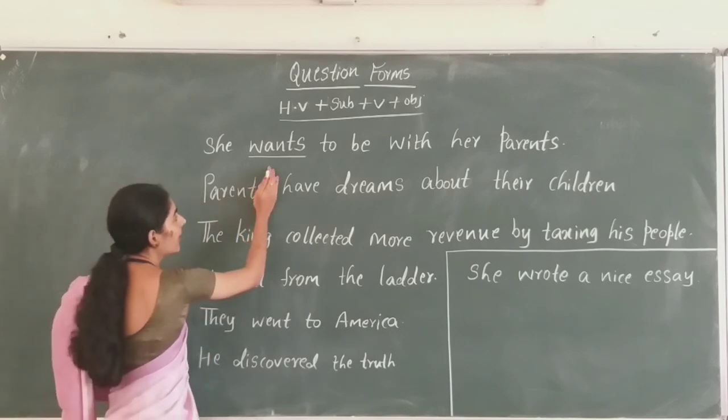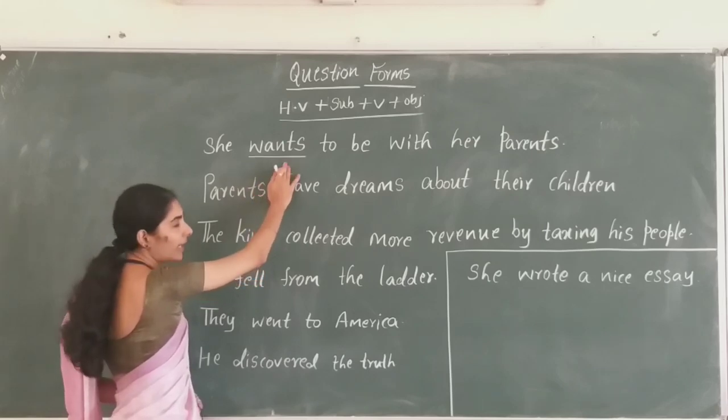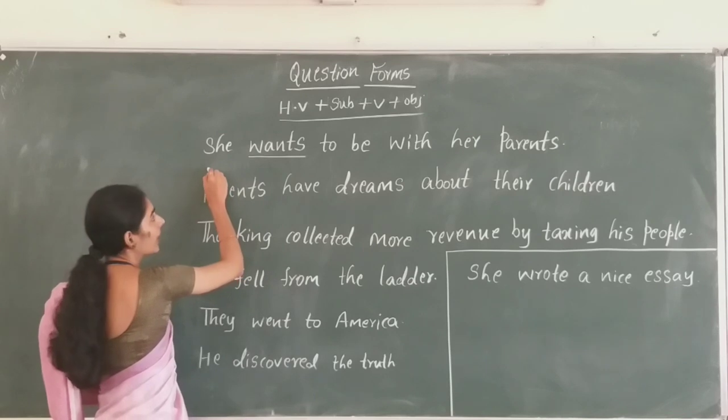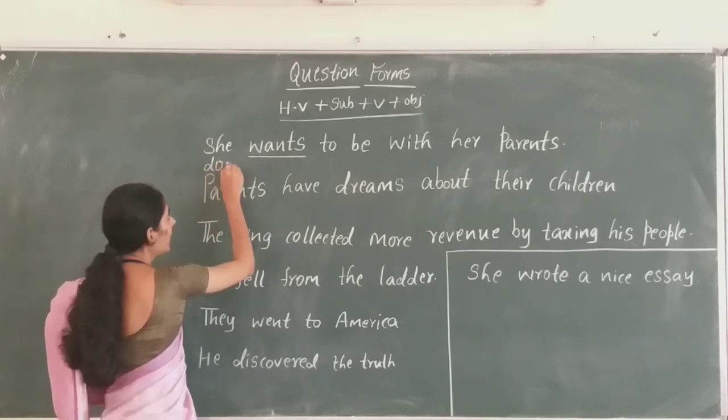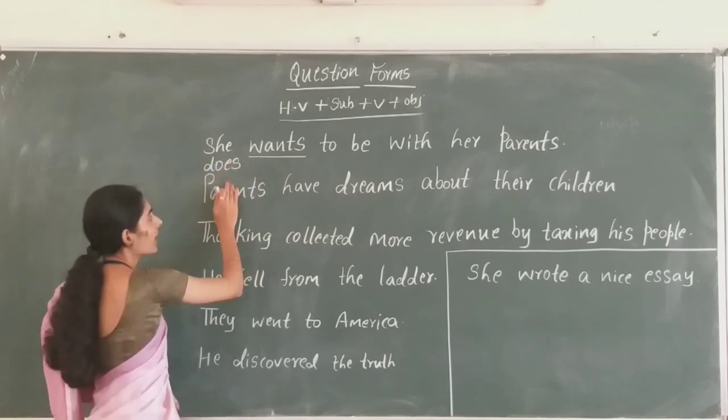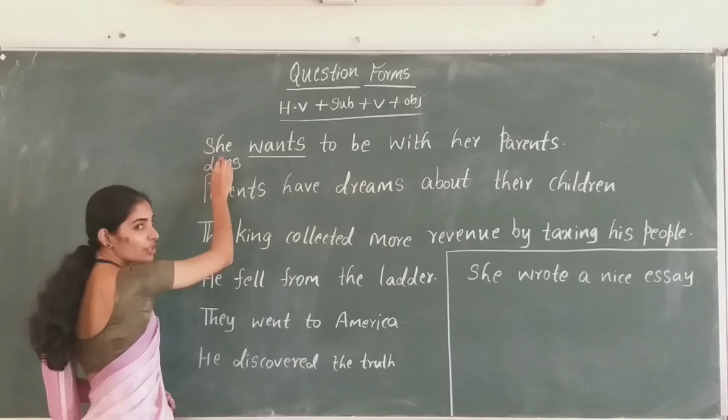Now what did I say? When we add s to the main verb or action verb, then it takes does. So here you have to write does, and then there should be the subject. Which is the subject in the first sentence? That is she.